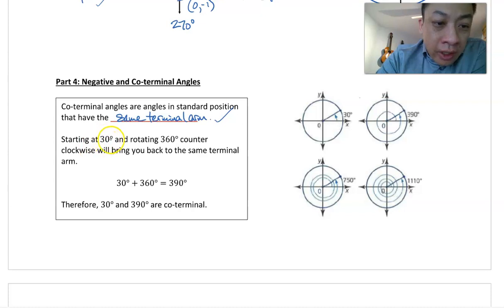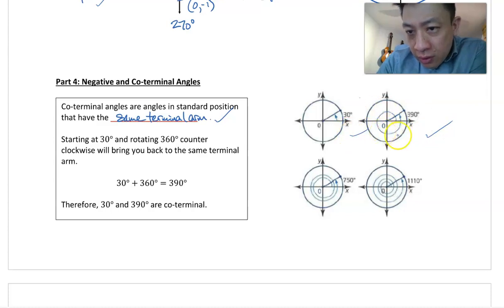So starting at 30 degrees and rotating 360 degrees counterclockwise will bring you back to the same terminal arm, right? If you look at these two examples, 30 and 330 plus another 360 will put you in the same spot. These are coterminal arms. If I repeated it a couple more times, adding another 360 each time, you get these measurements: 30, 390, 750, and 1,110 are coterminal arms.